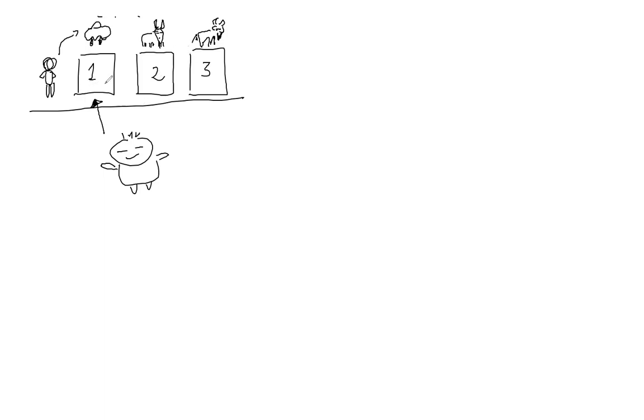For example, if you choose 1, he will either open number 2 and show you the goat, or he can open number 3 and show you the goat. He will always show you a goat. Then he will ask, do you want to switch? Change your mind.